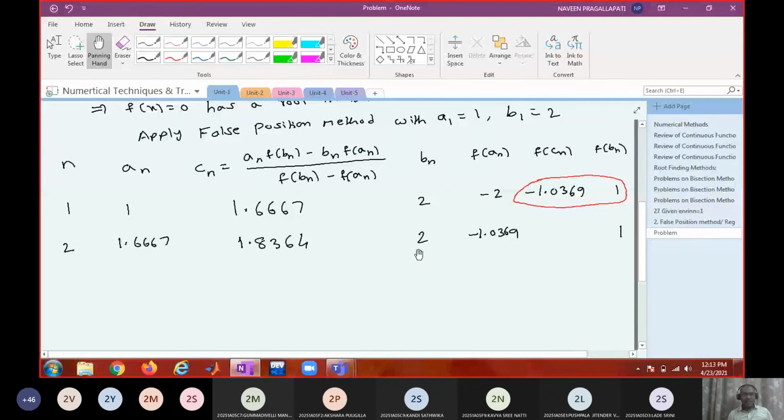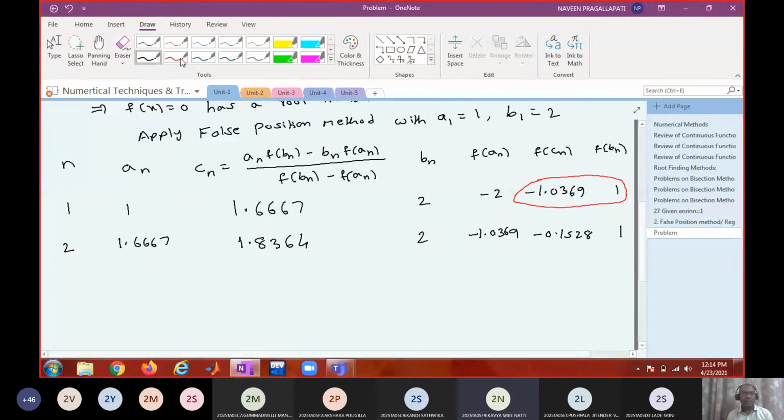It should not be beyond the interval. So compute f of C2. Minus 0.1528.